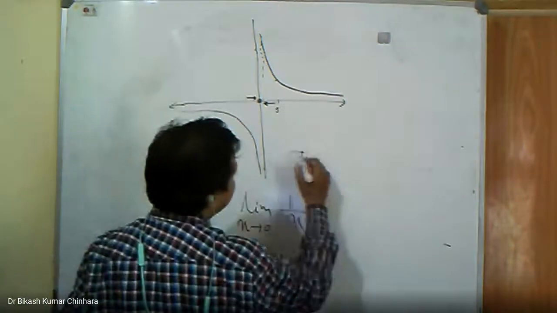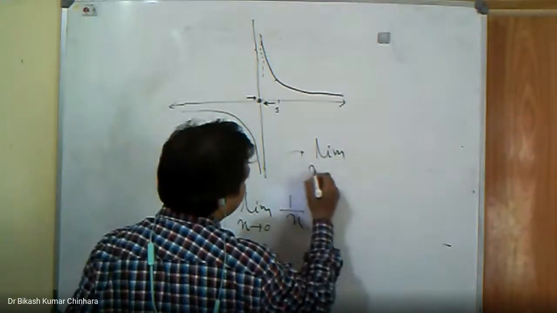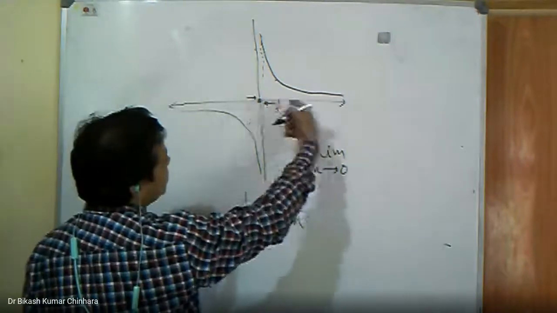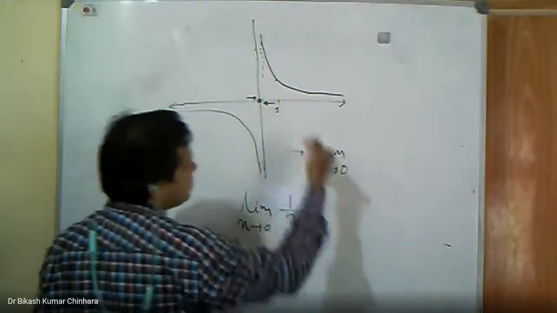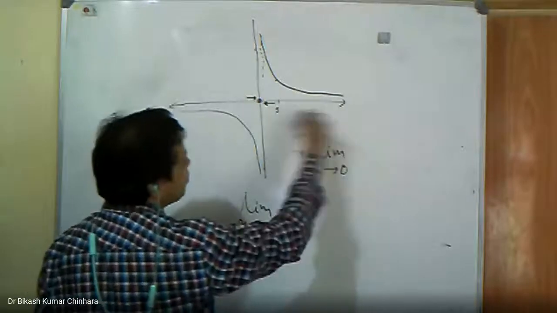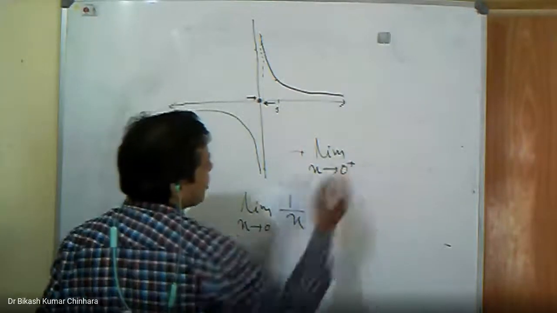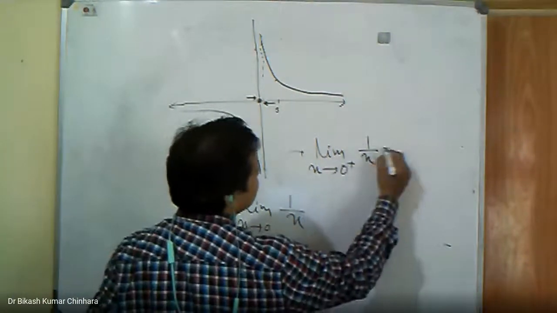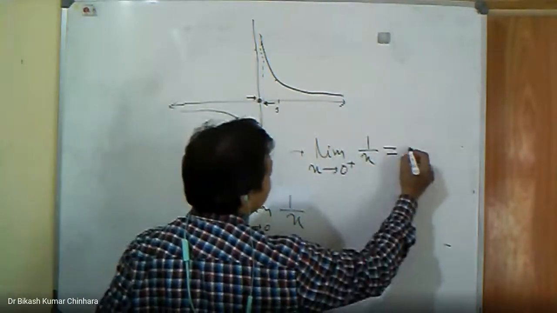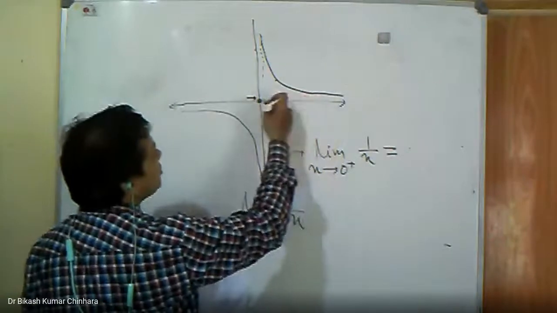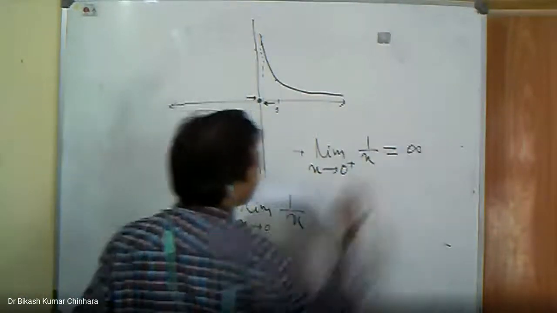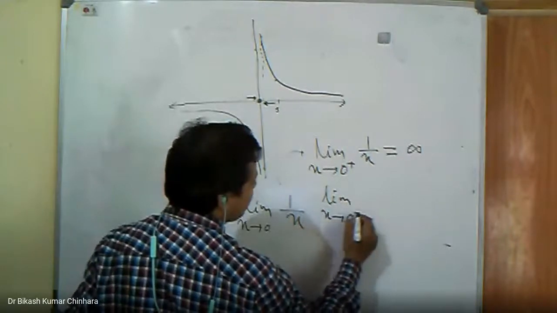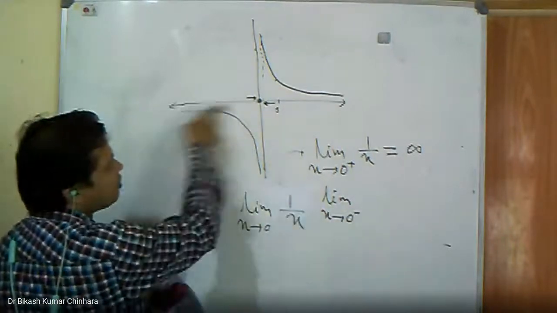So mathematically, what can I write? Limit x tends to 0. Whenever you are approaching from the positive side, generally from the right hand side, it is treated as the positive side. So here I am writing like this. Its value will be infinite. And if I write x tends to 0 minus, it means I am approaching from this side.